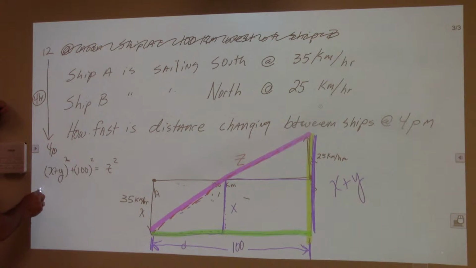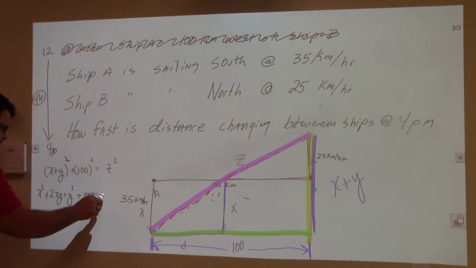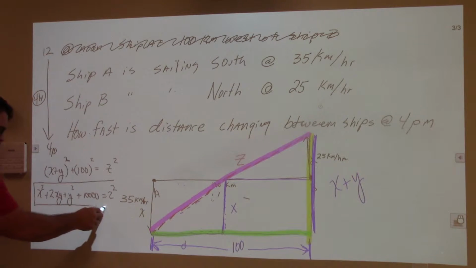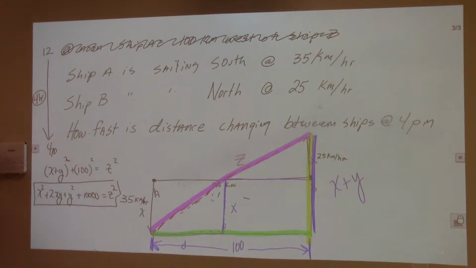x squared plus 2xy plus y squared plus 10,000 is equal to z squared. Now what are we going to do with this, Miss Anthony? Take the derivative with respect to t. So, what's this one? 2x dx/dt, plus 2, and what's the derivative of x and y?